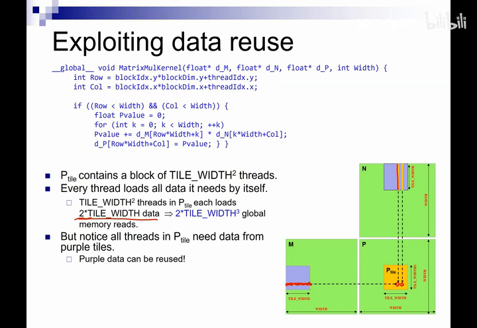We're doing a lot of redundant accesses to global memory, because these threads are duplicating their work.